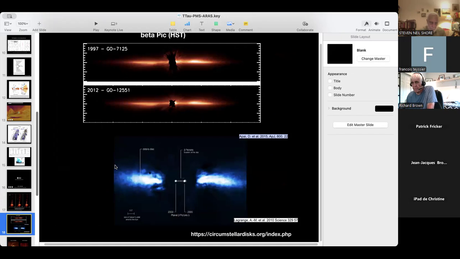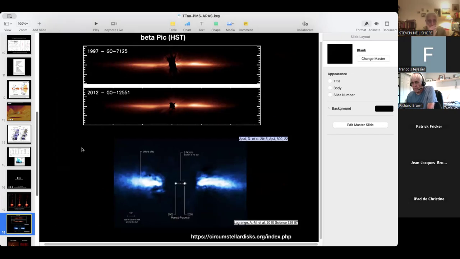In addition, already known as an anomalous object for other reasons, in the 1990s, with an early observation with a coronagraph, so one that blocks out the central star, Beta Pictoris, which is actually an early type star, it's not a protostar, was found to be surrounded by a disk.